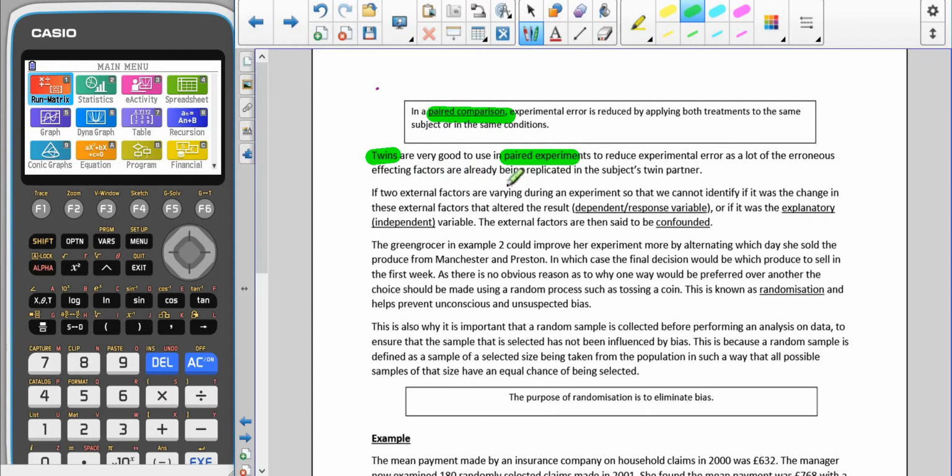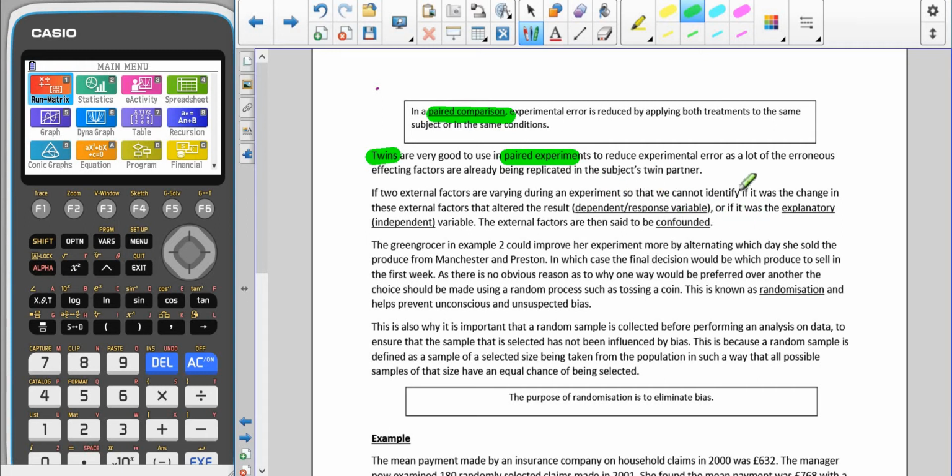If two experimental factors are varying during an experiment so that we cannot identify if it is a change in these experimental factors that altered the result, so the dependent or the response variable, or if it was the explanatory or independent variable, the external factor is said to be confounded.